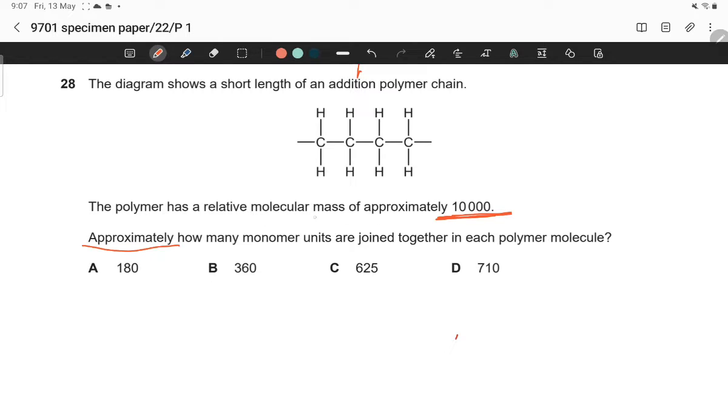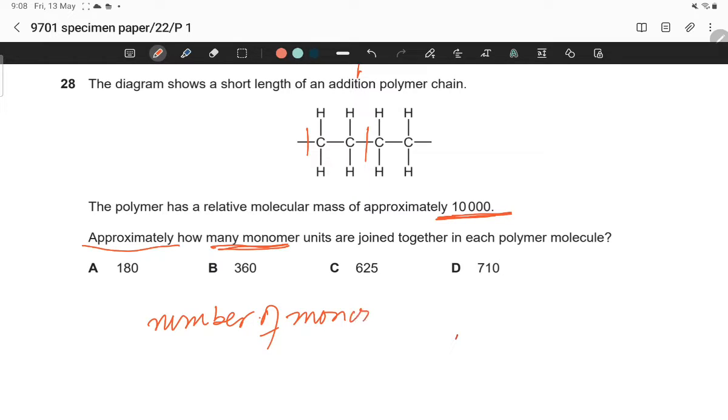If 2 monomers join, 2 units are formed. If ethene is the monomer and the polymer is approximately 10,000, how do we calculate the number of monomer units? We can use this formula.